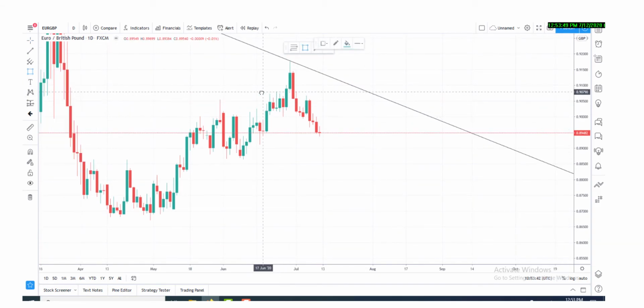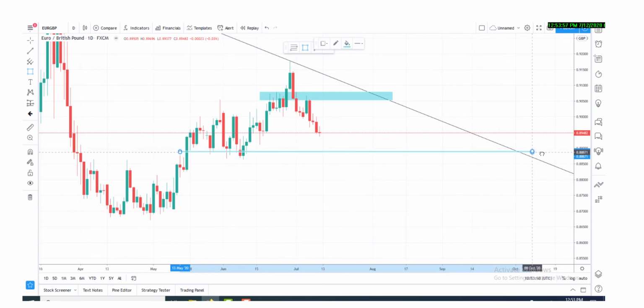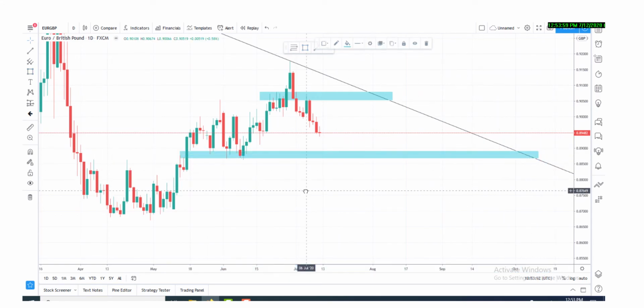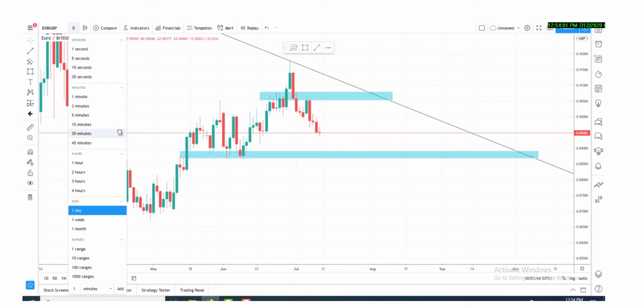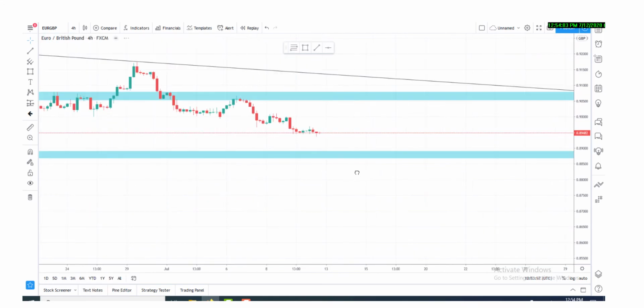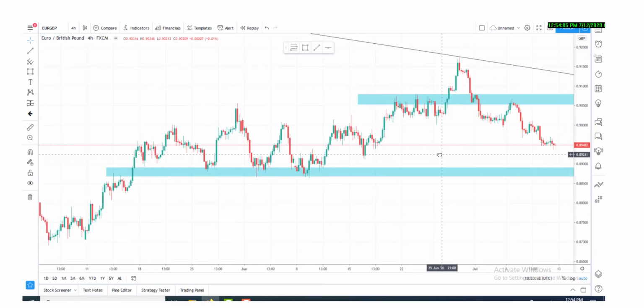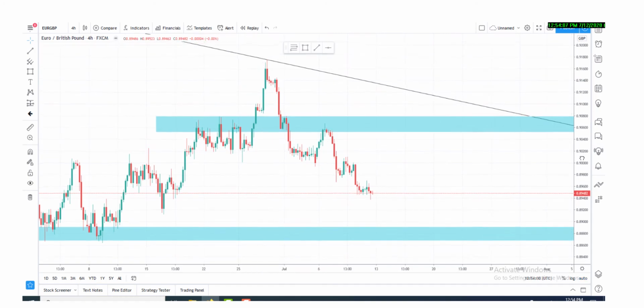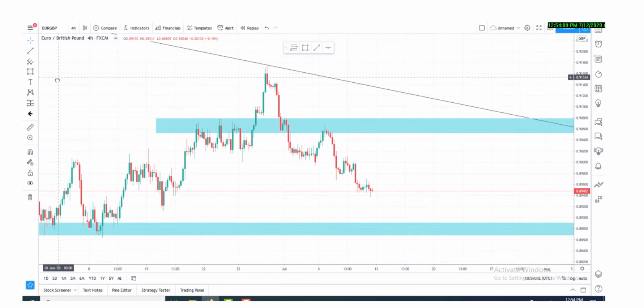Here we have a resistance in daily time frame, and down, let's see what we have. We have this rejection and this support area. We go to the 4 hour time frame and we look for rejections and possibly the areas where this pair can come up.